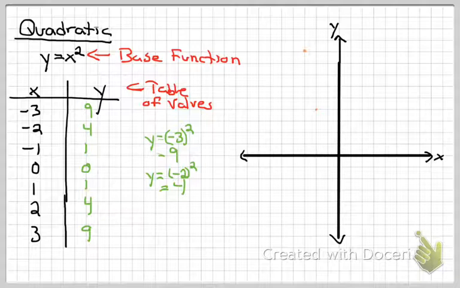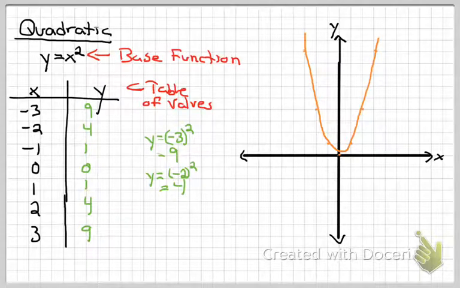Our next point, (-1, 1): start at the origin, left 1, up 1. Then we have (0, 0), and then (1, 1), (2, 4), and (3, 9). After we have plotted those points, we can connect them with a curved line that should touch the origin, and always label. So this will be our y equals x squared.